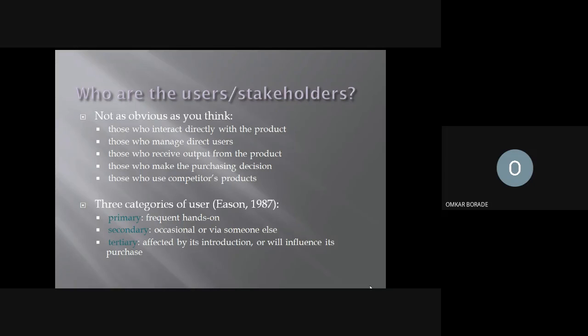Three categories of users. First, primary: frequent hands-on. Secondary: occasional or via someone else. Then tertiary: affected by its introduction or will influence its purchase.